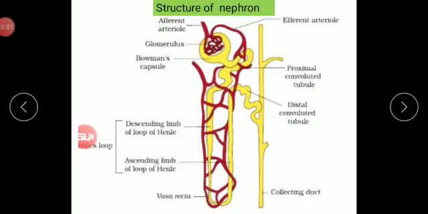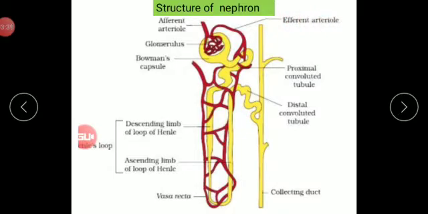Within the space itself we can see the first set of blood capillaries, which receives the blood towards the glomerulus, called the afferent arteriole, and it forms a network of blood capillaries. The blood present in the glomerulus is drained away from the Bowman's capsule with the help of the efferent arteriole.